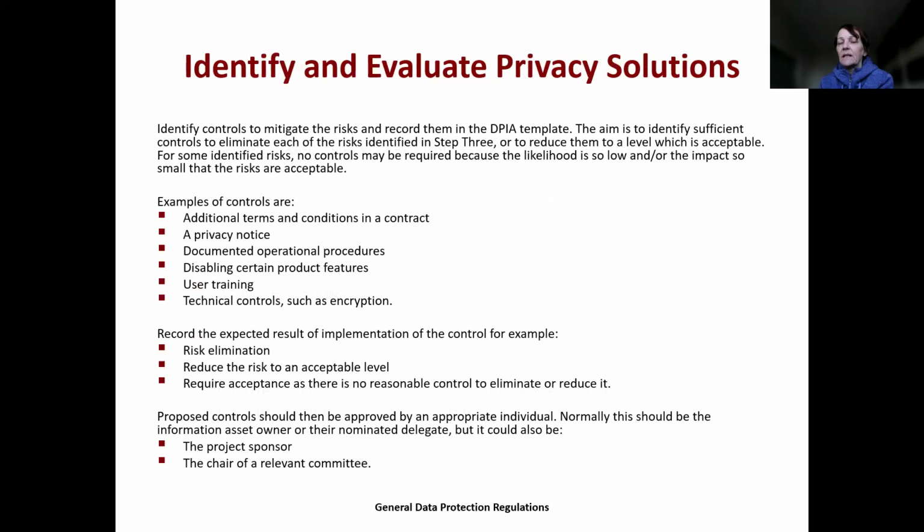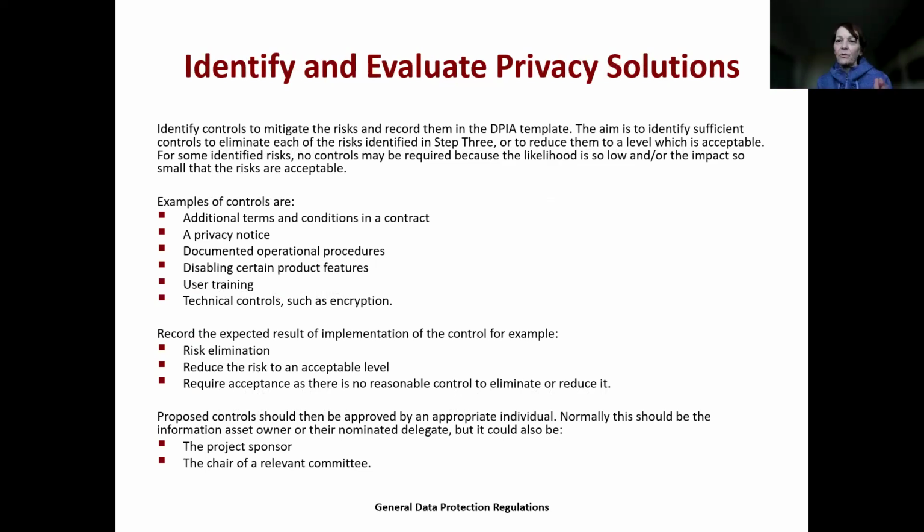Identify and evaluate privacy solutions. These are mitigating measures, and they're called controls. So again, you're dealing with a third-party service provider who has cloud servers in various different locations.